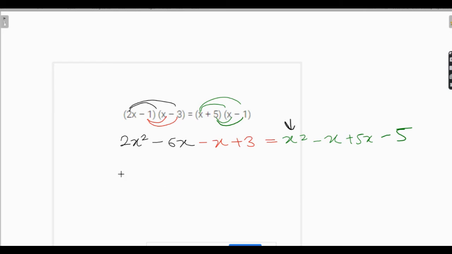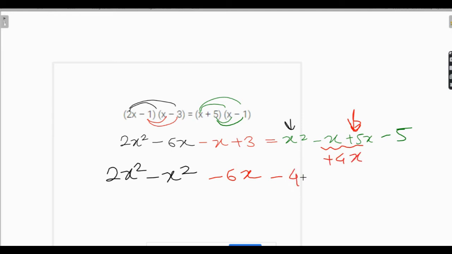This will come here, 2x square minus x square, then minus 6x, this plus x, okay, this plus 5x. Here only if you do, you will get 5 minus 1, 4x. This plus 4x comes this side and becomes minus 4x. This plus 3 is this side only. This minus 5 comes this side and becomes plus 5.